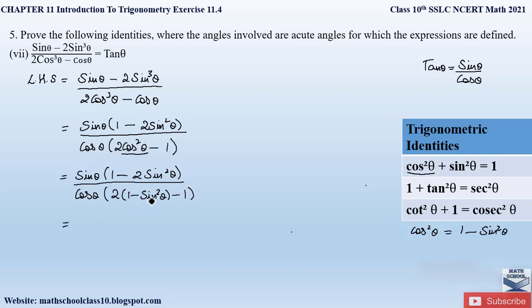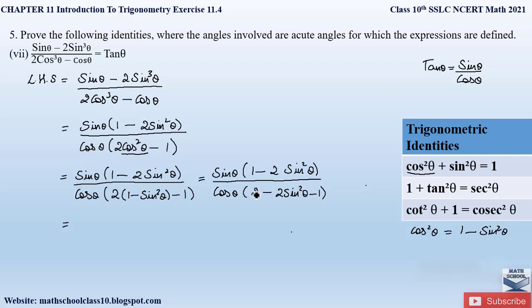Now we can open the brackets and simplify further. So when you open the brackets, the numerator will remain as it is, 1 minus 2 sin square theta, divided by cos theta into 2 into 1 is 2 minus 2 sin square theta. Then after the brackets we have minus 1 again.